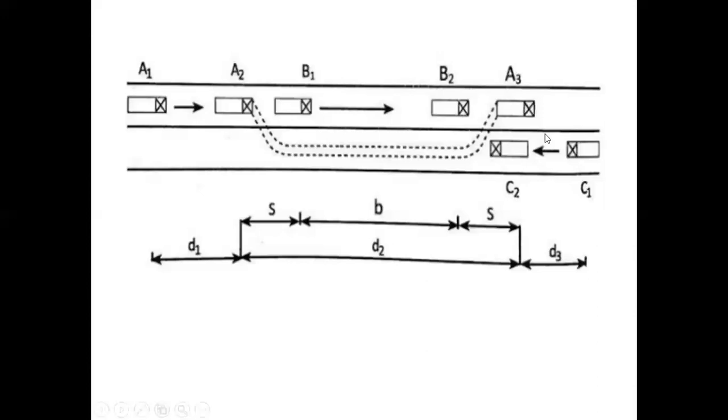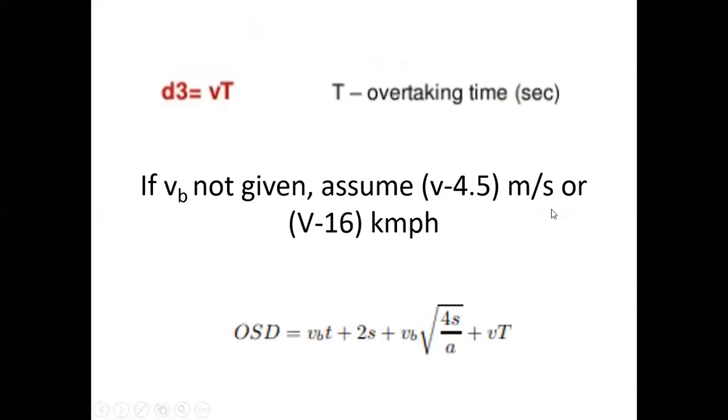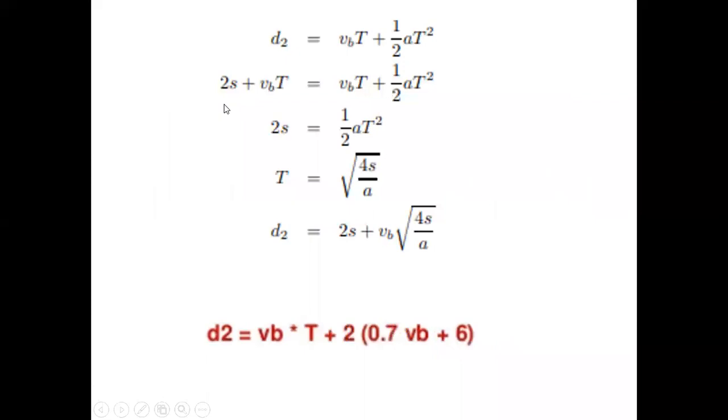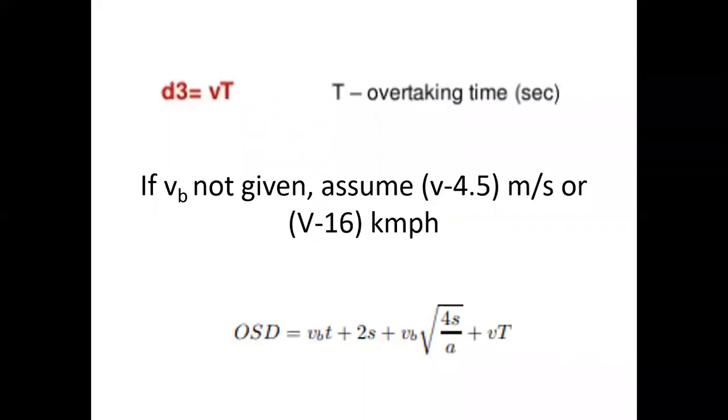That design speed will be taken as small v or capital V accordingly. If I'm using small v, the speed is in meter per second. If it is capital V, I am using it in kilometer per hour. I'm repeating once again just for your understanding.